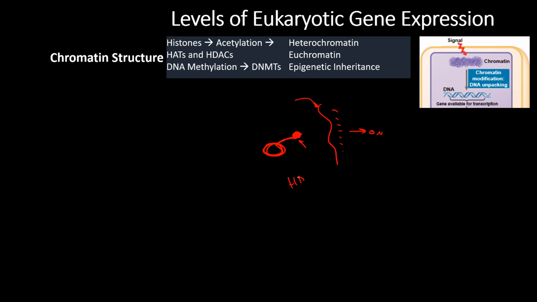A histone deacetylase will remove that acetyl group, exposing the positive charge, allowing the histone to bind to the DNA, thereby shutting it off and hiding it. So HDACs, or histone deacetylases, are repressors or suppressors, depending on how you want to say it. They turn genes off. So you have the HAT and you have the HDAC.